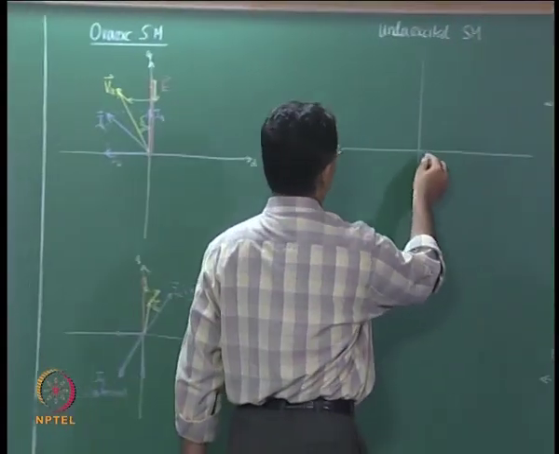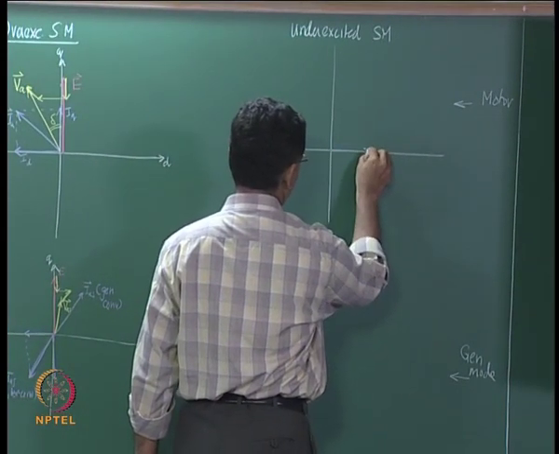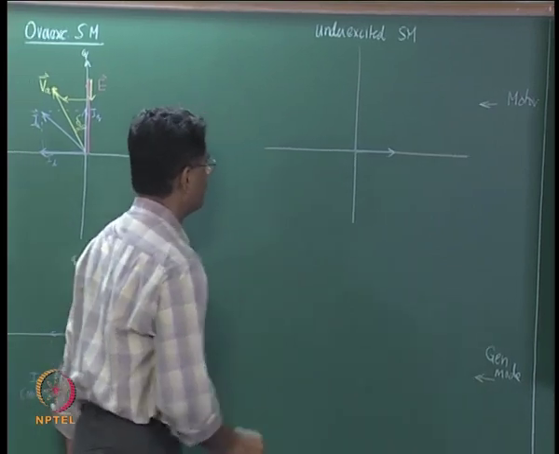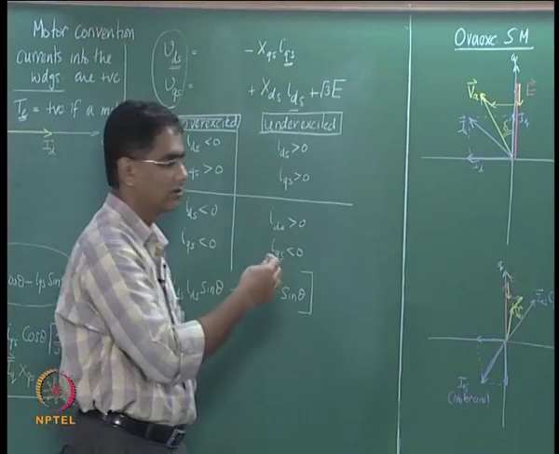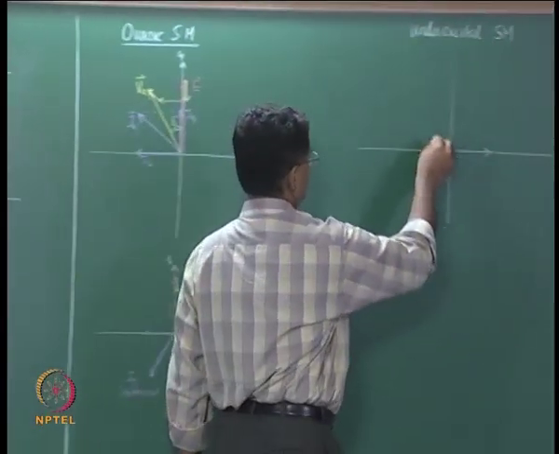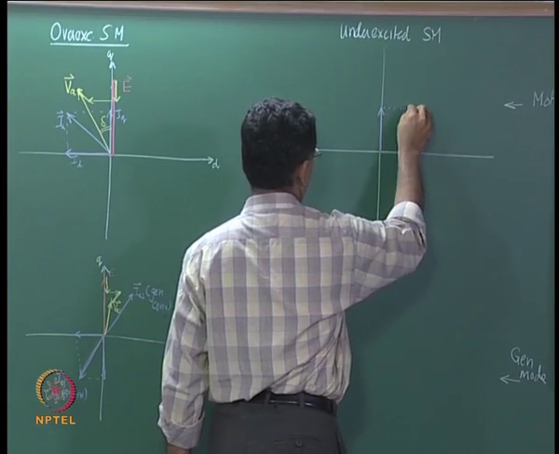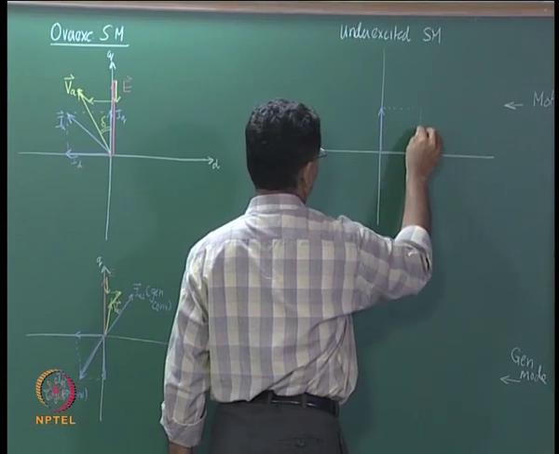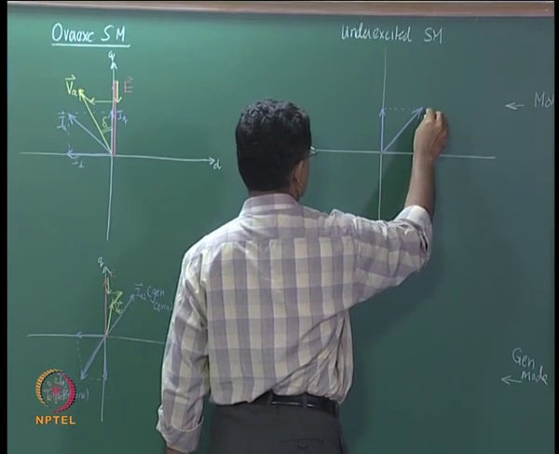So, IDS is greater than 0, and then you have IQS also greater than 0. So, you have IQS phasor here, and the resultant of these two is the armature current. So, that is IQS, IAS.